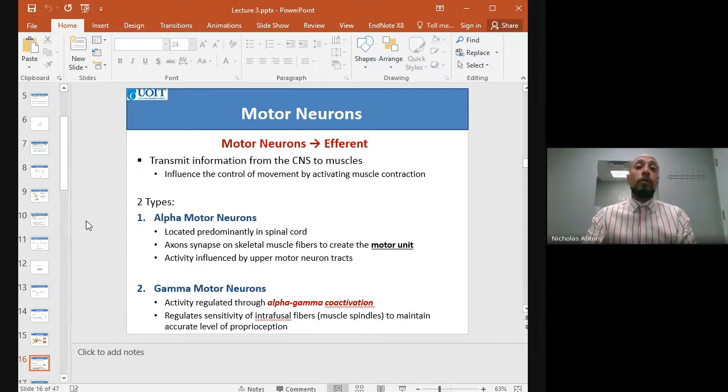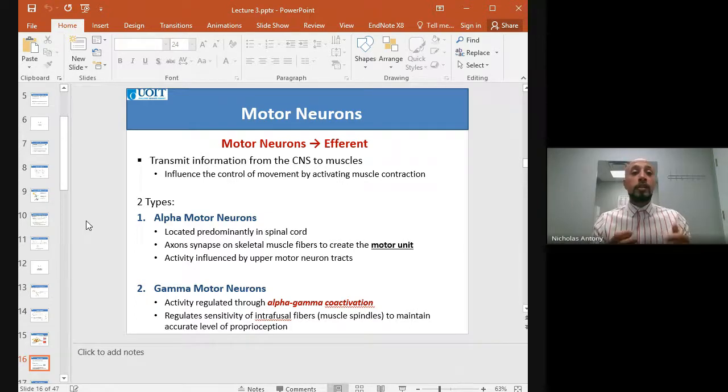The motor neurons exit from the spinal cord, and they attach to only a certain number of muscle fibers. The activation of one motor unit is an all or none response, where that action potential will contract all of the muscle fibers associated with that motor neuron.